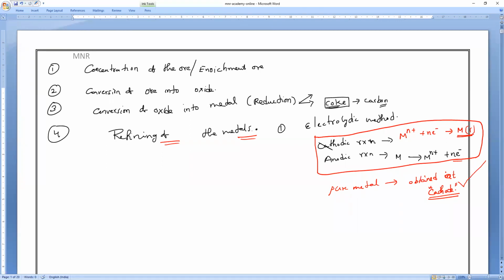Now in today's class, the most important concept is the categories of extraction processes depending upon the activity series. This activity series you should compulsorily learn.